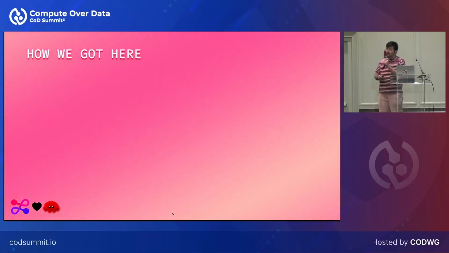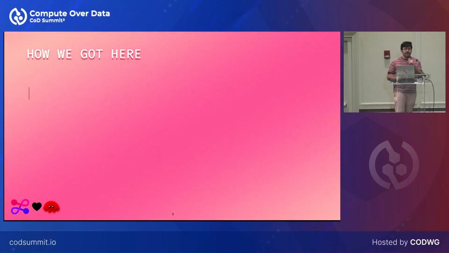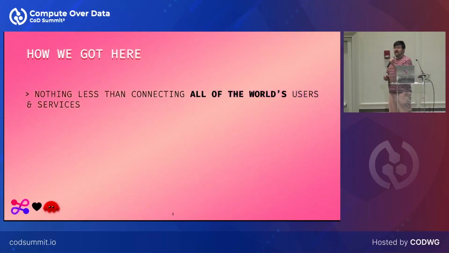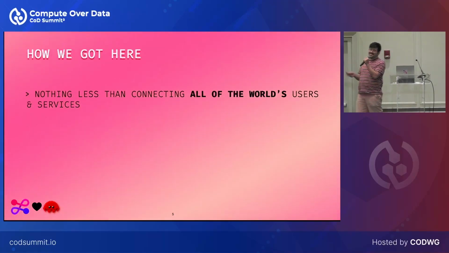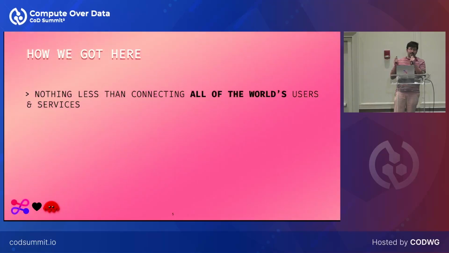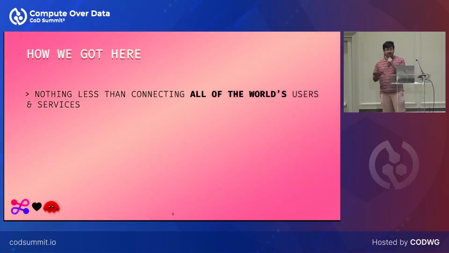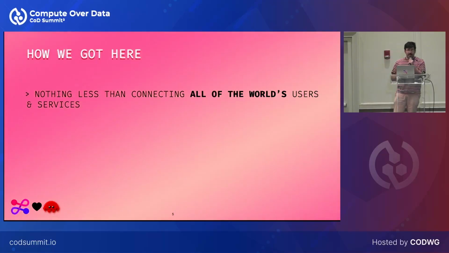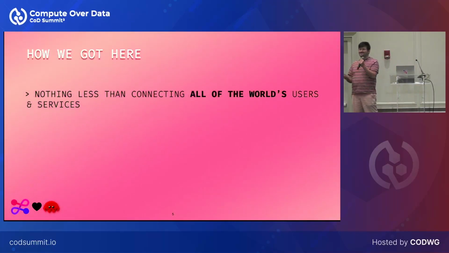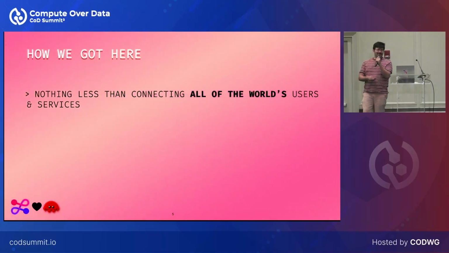And when I first started working on this earlier in the year, I'm doing this in very GPT style, because this could have been GPT, but this is Brooklyn's words chatting with me, which are the tenets of IPVM that we have and what we're going to build out. Nothing less than connecting all the world's users and services. Easy, right? That's easy.